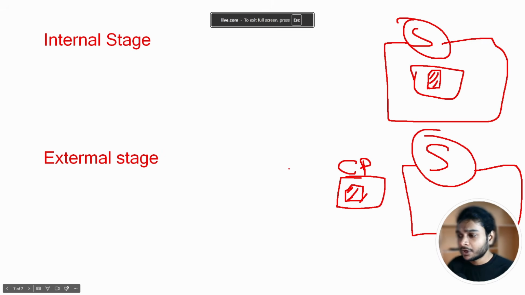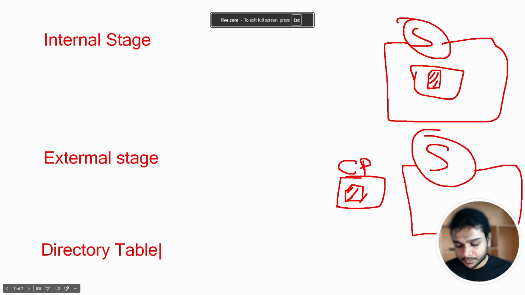So yeah, these are the two types of stages, and there is one more thing you have to know, which is directory table. Now, a directory table is a virtual table that stores the list of files that are in the external stage.